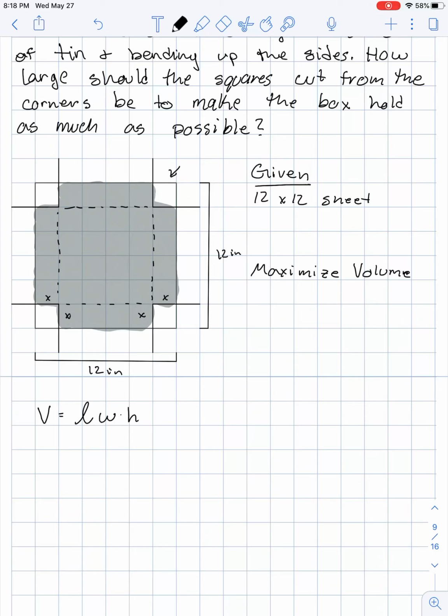The length and width of my box are going to be equal because it's a square bottom. And I don't know what my height is, but if I look right here, when I fold these sides up, the height is going to be X.